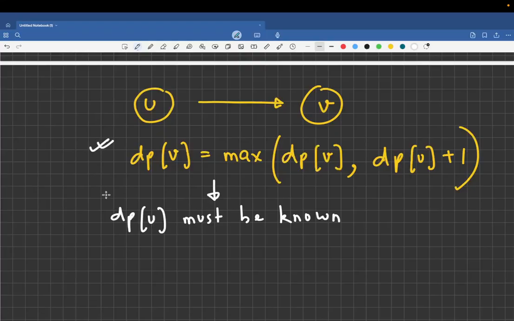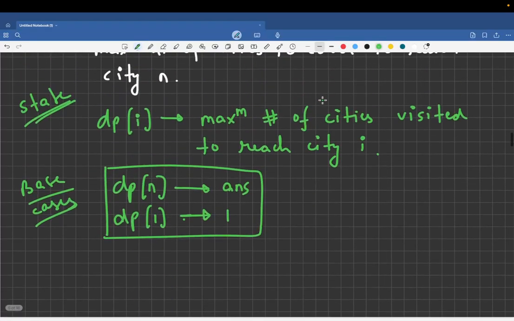So I should already know what the value of dp of U is. This means that if I have an edge between U and V, then the dp value should be computed first for U and then for V. Does it make sense?